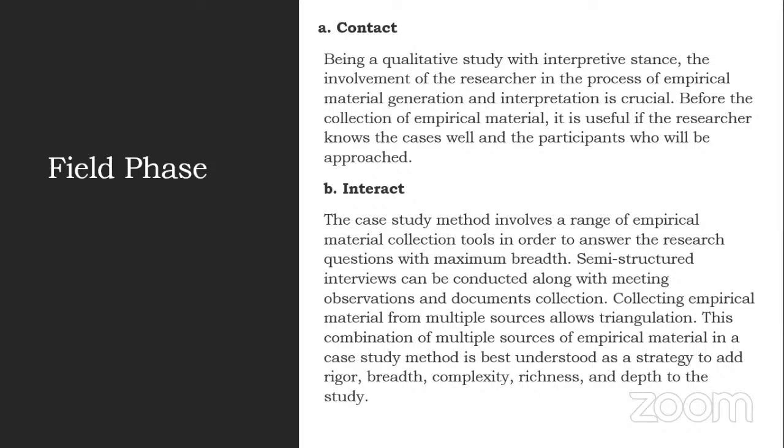Otherwise, the researcher will not be able to ask the appropriate questions, and will probably be missing out important information from the crime scene, or from the case history of the person.